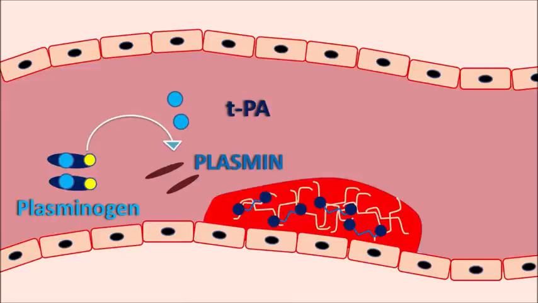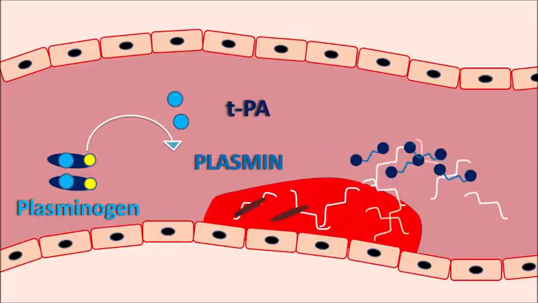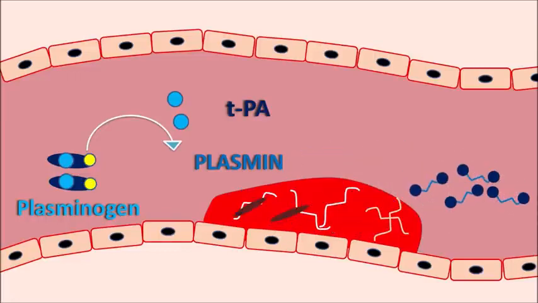Now this plasmin is a clot dissolving substance. It can act on the fibrin meshwork and break it such that it is released as fibrin degradation products as well as the D-dimer. In this way, as the clot is dissolved, the D-dimer levels are excessively increased. That's why the D-dimer test is a useful test.